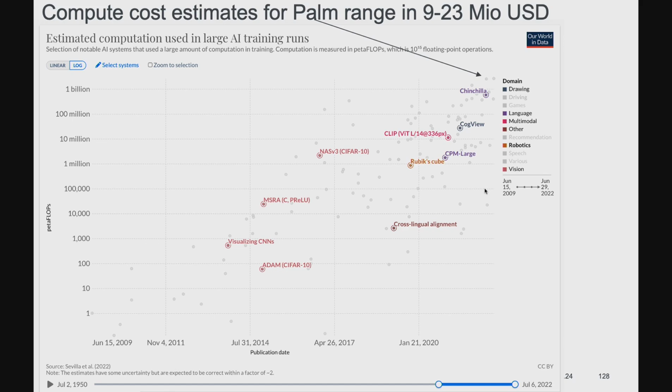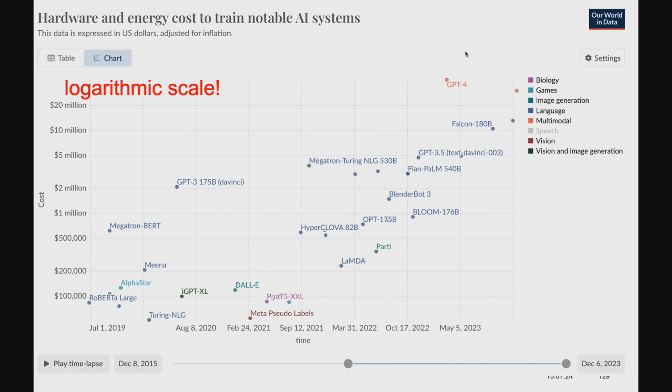Of course, you have to learn many parameters, and that's also very costly. This is from Our World in Data, and here are some estimated petaflops of what it takes to compute the up-to-date language models. So PaLM was 22 or so and cost about 10 to 20 million US dollars, and now they think about ever larger models.